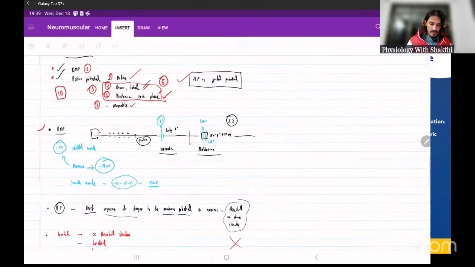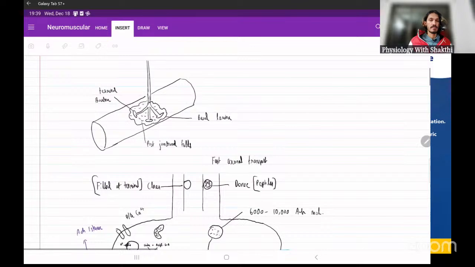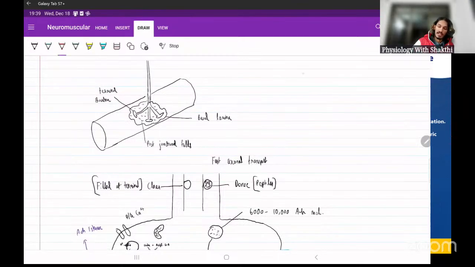I'm just going to continue ahead with your neuromuscular junction. Again, draw a neat labeled diagram of the neuromuscular junction. That is a very important question. Explain the steps in conduction across the neuromuscular junction.